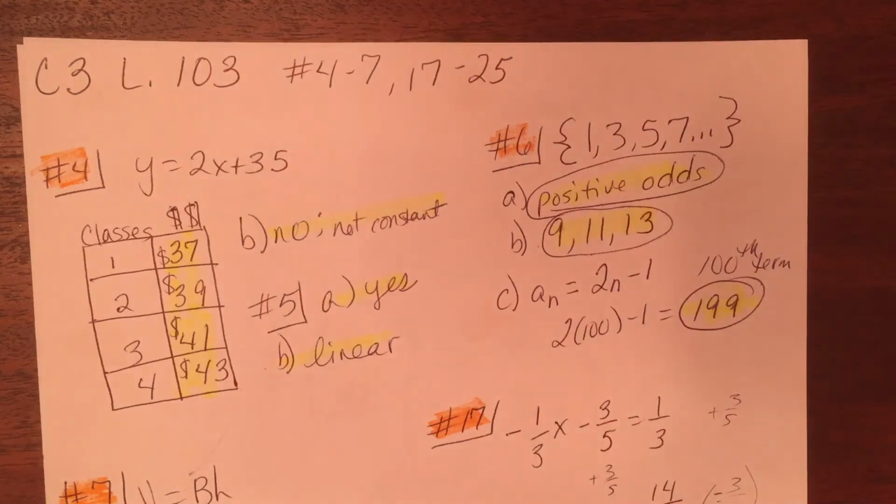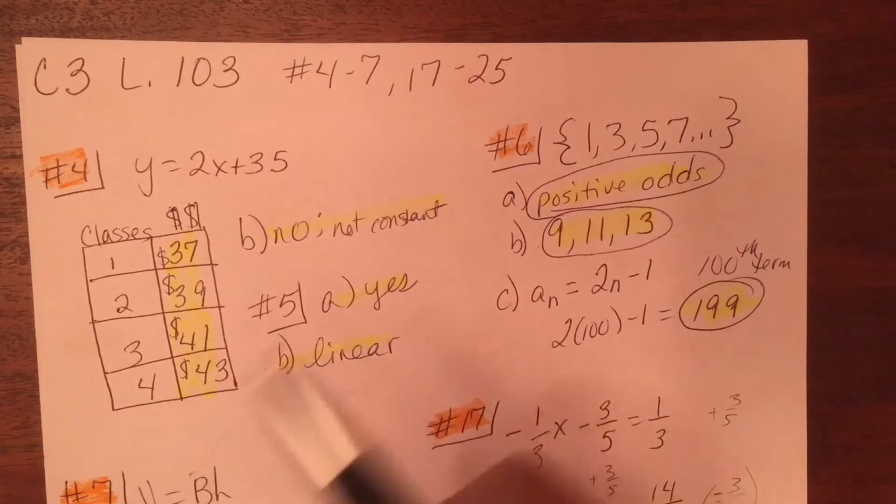Okay, here we are checking our work from lesson 103. Our first one was number 4, where we had to consider the equation y equals 2x plus 35 as what the gym charges for the membership: a membership fee of $35 a month, and $2 for each class that a person takes.